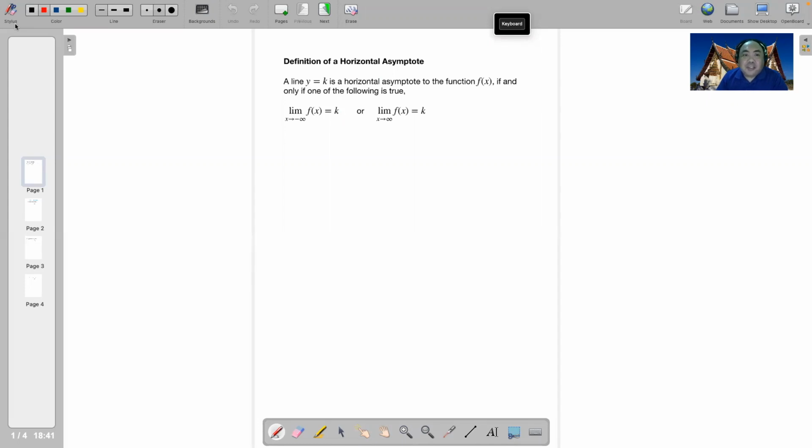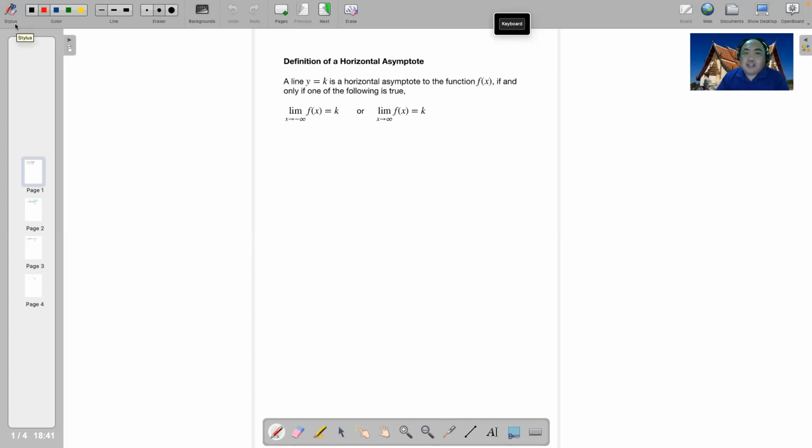In other words, to check whether a certain horizontal line, y equals k, is a horizontal asymptote, we just have to check the limit at infinity. If the limit at infinity is equal to k, then that horizontal line is a horizontal asymptote.